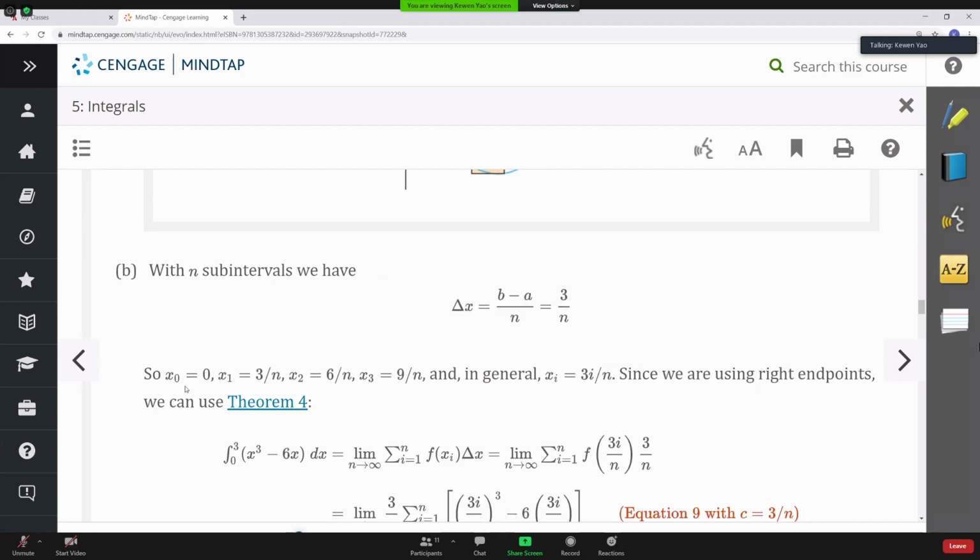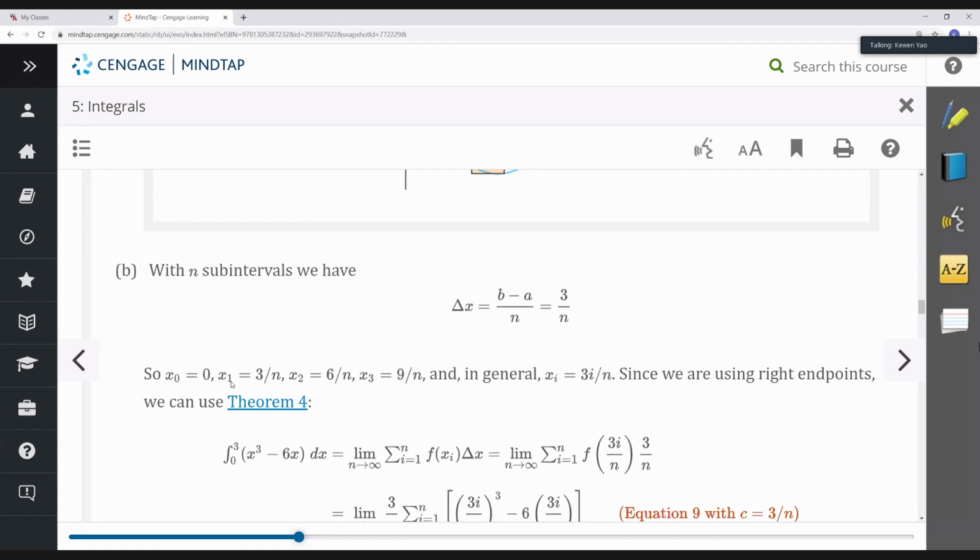Now, x0 is 0. x1 is 0 plus 3 over n, which is 3/n. x2 is 0 plus 2 delta x, so 6 over n. x3 is 0 plus 3 delta x, so 9 over n.